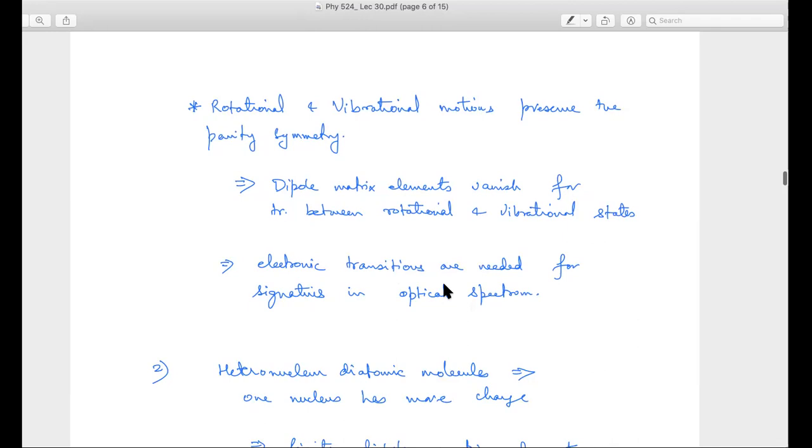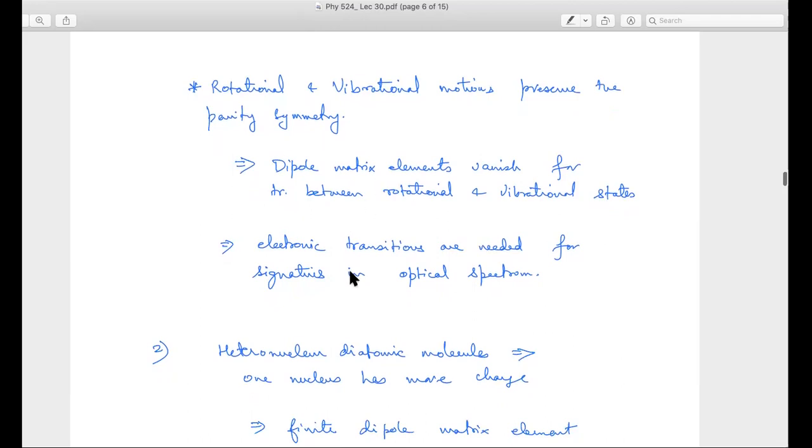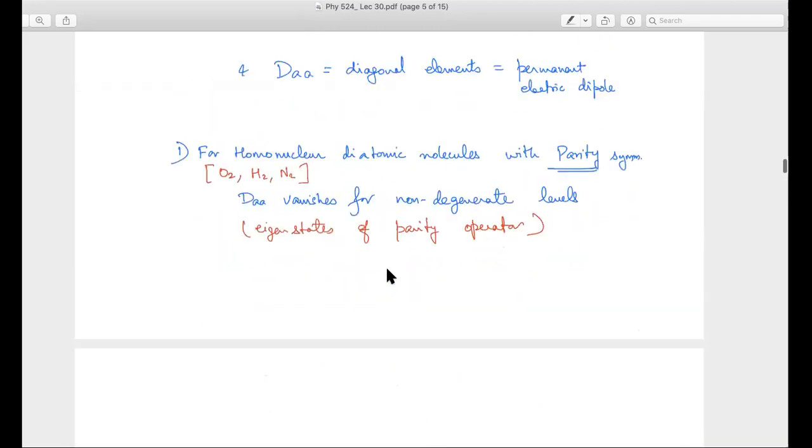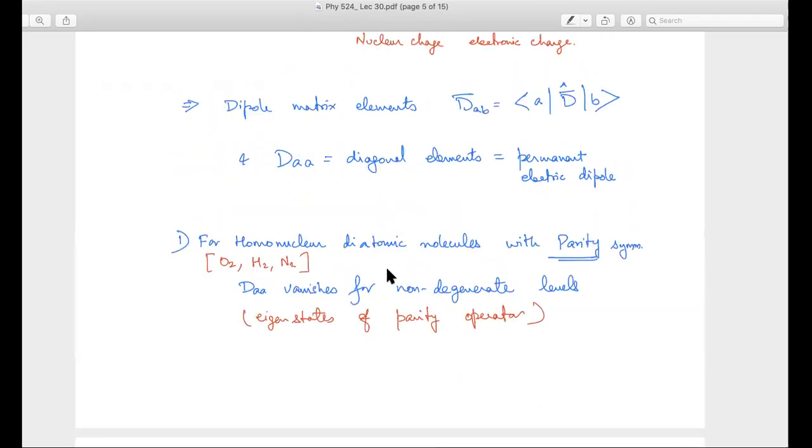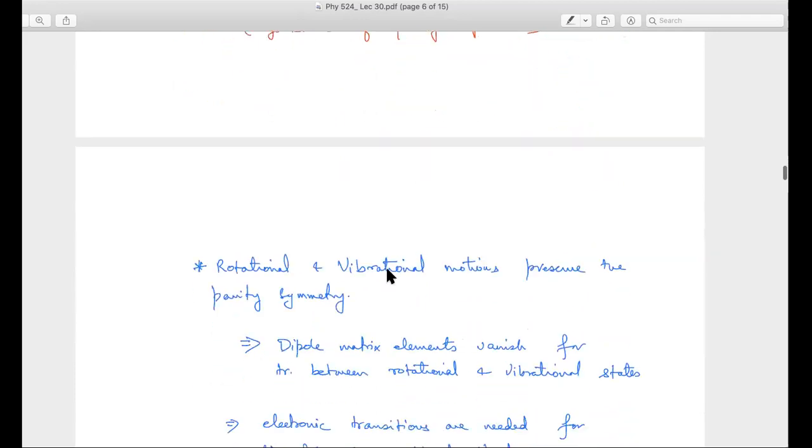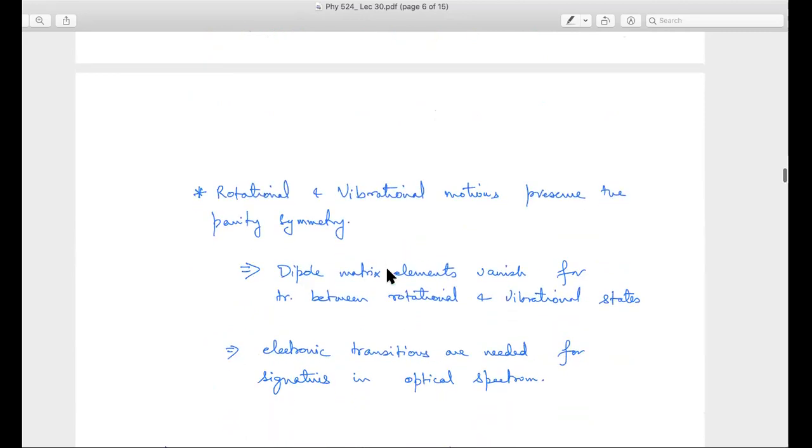The only transitions that can happen are electronic transitions, because the electronic transitions need not conserve the dipole moment. So that's the main idea: for homonuclear molecules, I'll have almost no vibrational and almost no rotational excitation spectrum. The whole excitation spectrum will only come from electronic transitions.